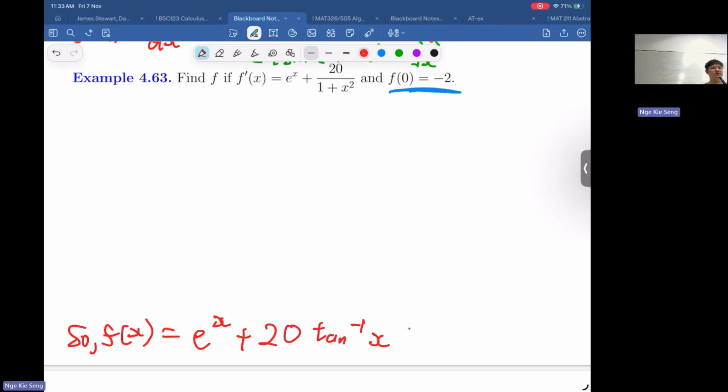Have you found your constant? Not yet? Okay, try. There's only one constant that will make f(0) equal to minus 2 work. Anyone got the constant yet? If you got it, maybe you can shout it out.